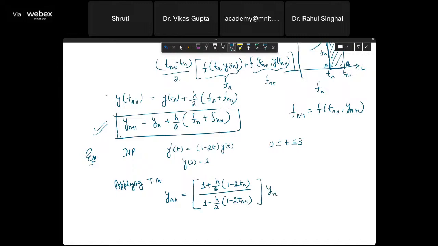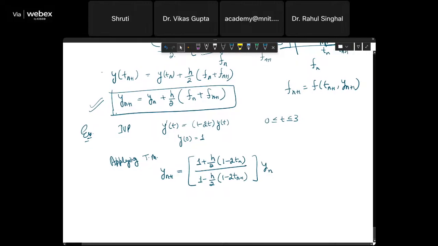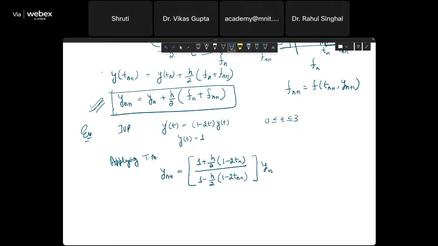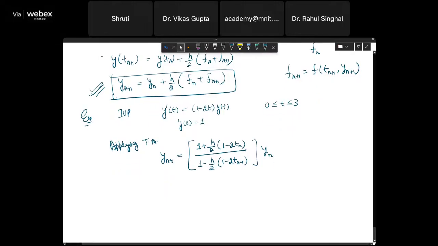Okay, so in this way we can calculate. So you will substitute everything here and then collect the terms appropriately to get y_{n+1} in this form.